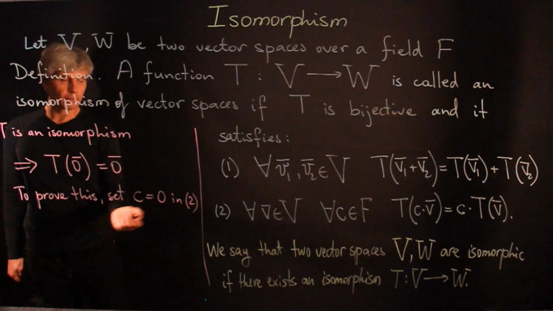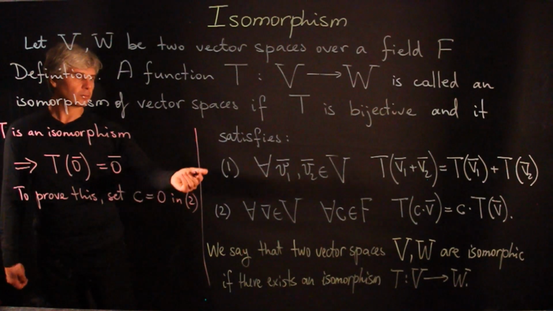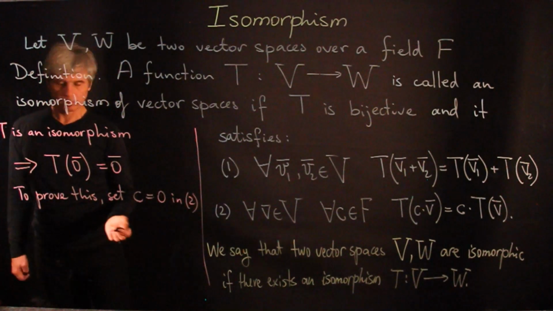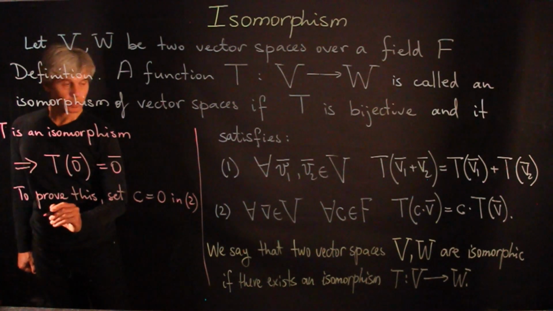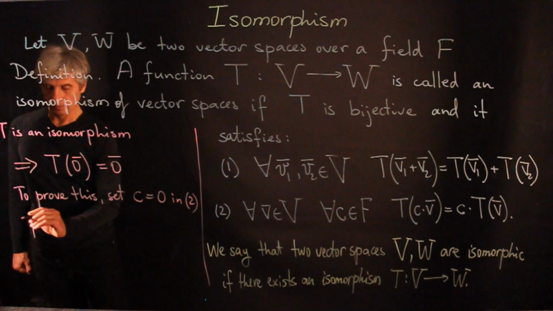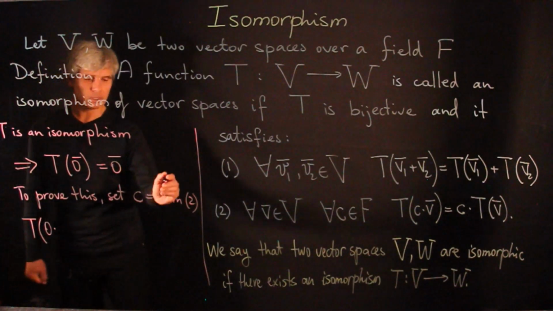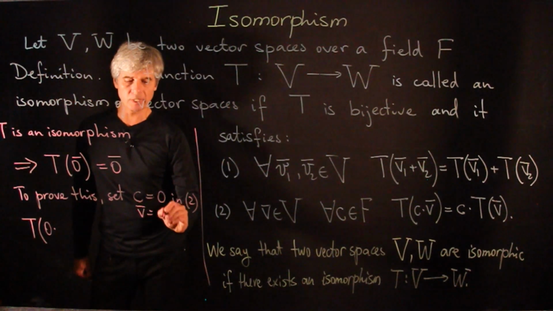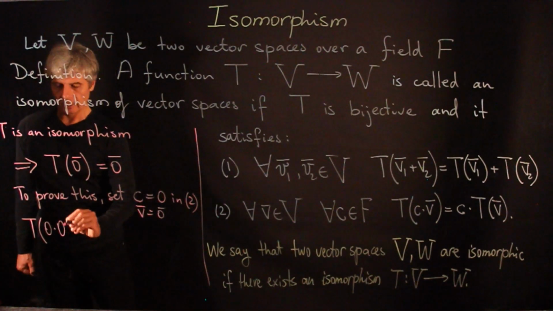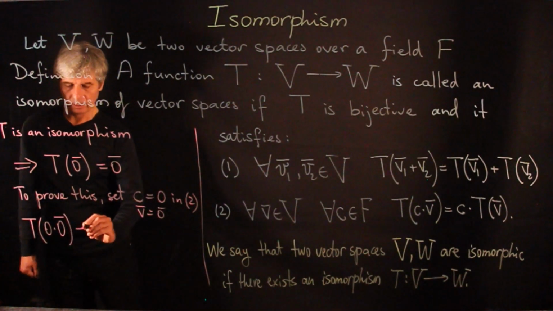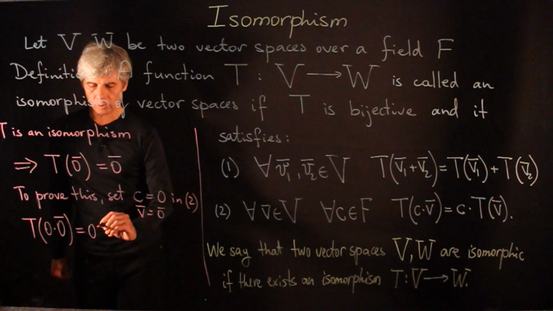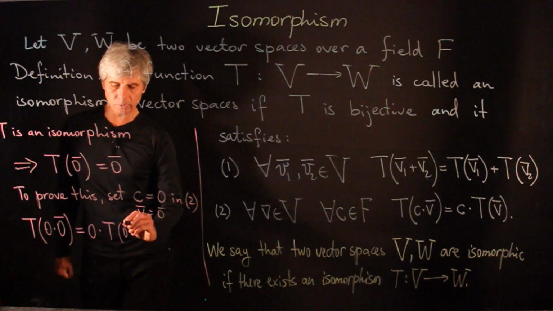Because if we pick any vector, or for example, we can even pick the 0 vector, so we can take c equals 0 and v also to be 0, we get 0 times 0 vector is equal to 0 times T of a 0 vector.